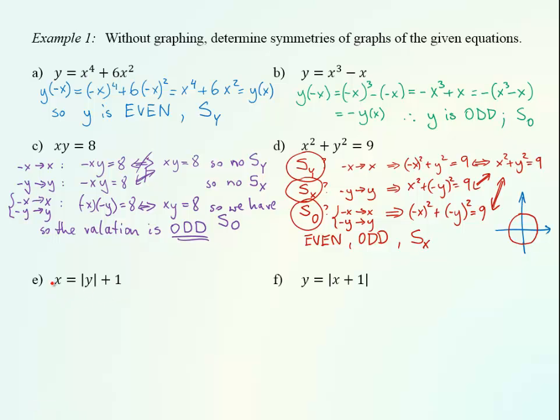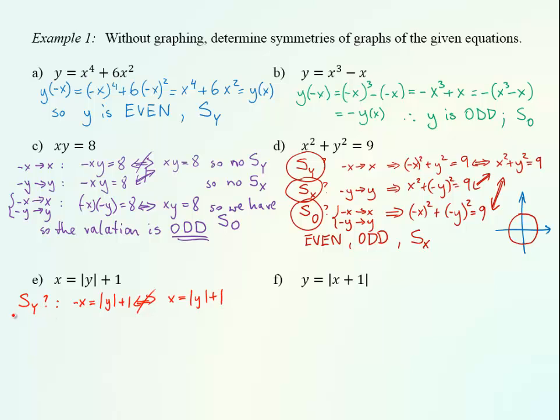And two more examples. This one is again a relation, it's not a function. We can check as before, do we have symmetry in the y-axis? Well, we replace x by negative x, so we have negative x equals absolute value of y plus 1, which is definitely not equivalent to the original x equals absolute value of y plus 1.